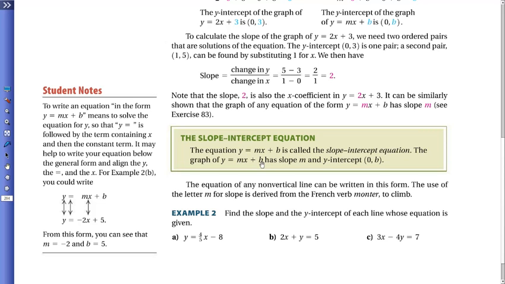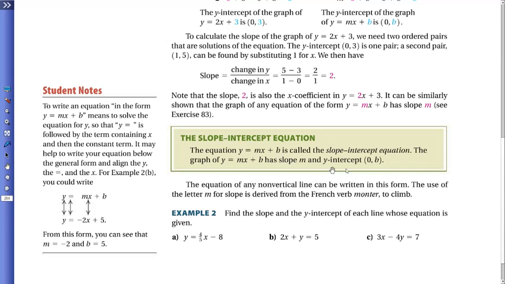Multiplying by reciprocals is a lot better way to deal with multiplication, especially when we get into these types of equations. So when I solve for y, I get some number times x. That number times x is the slope of the line. And b indicates where the y-intercept is.